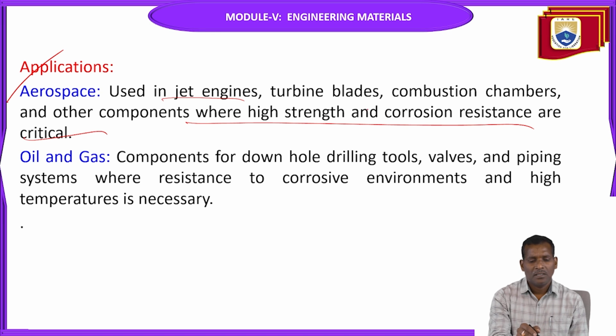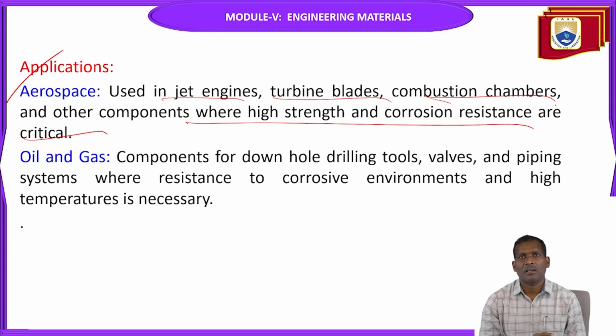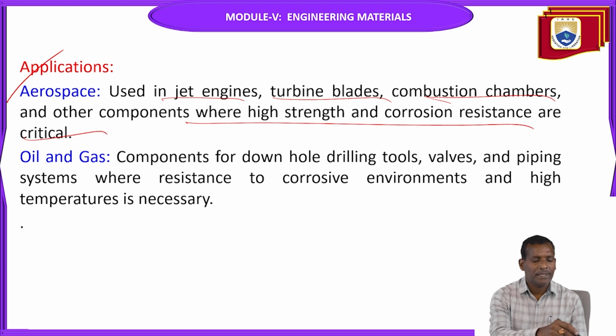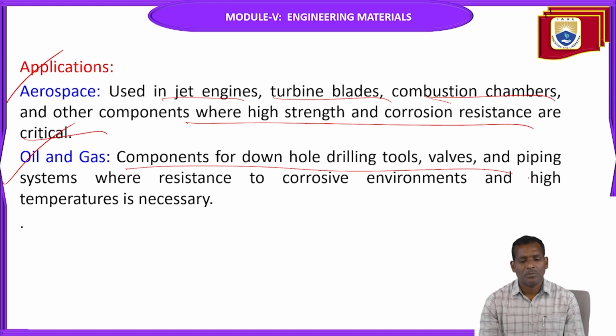Jet engines, turbine blades, and combustion chambers are all working at high temperatures, and also high strength and corrosion resistance are required. Whereas in the oil and gas industry, components for downhole, drilling tools, valves, and piping systems where resistance to corrosive environments and high temperatures is necessary.